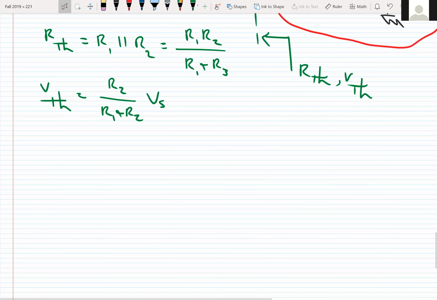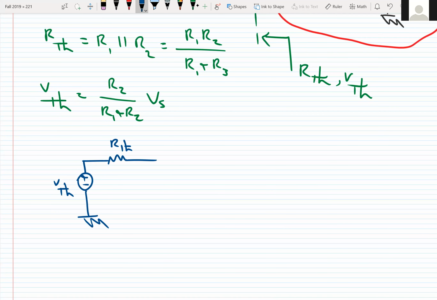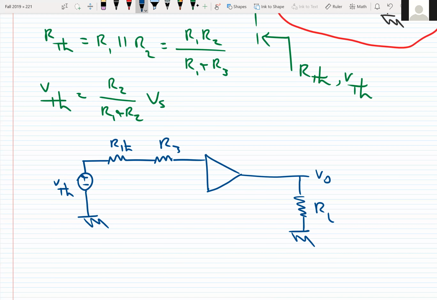So we will have V Thevenin, R Thevenin, R3, op-amp, RL, VO, minus, plus, R4.